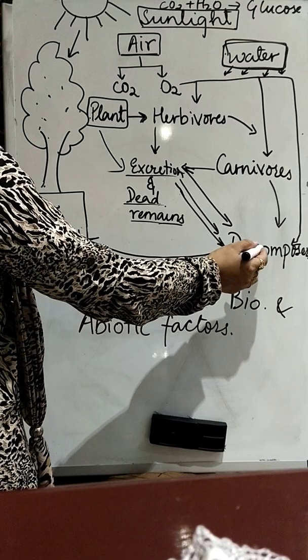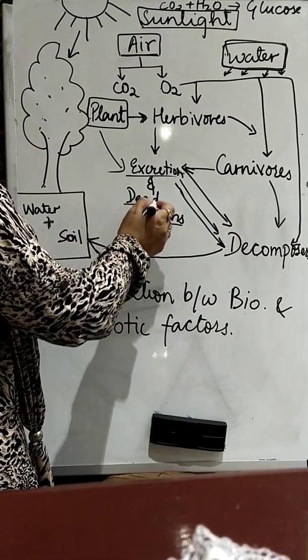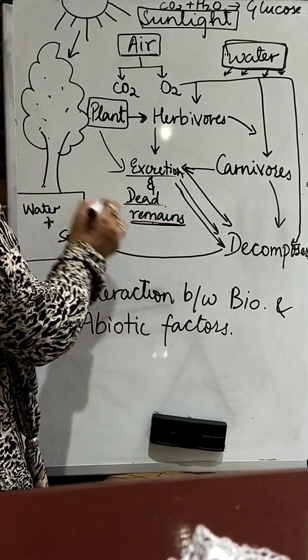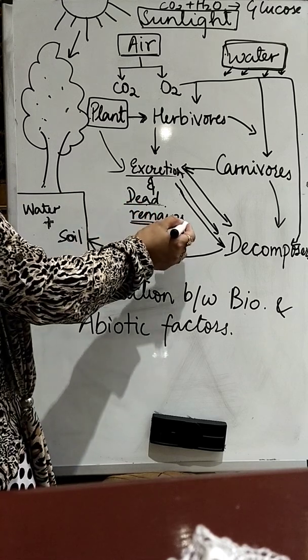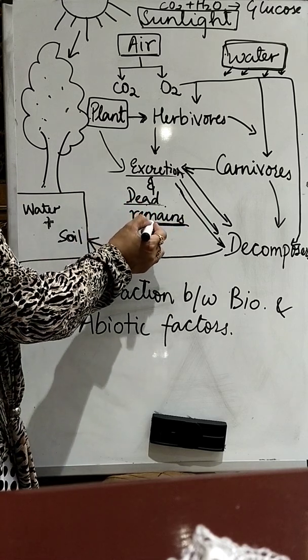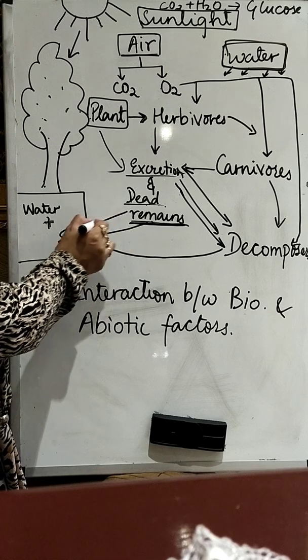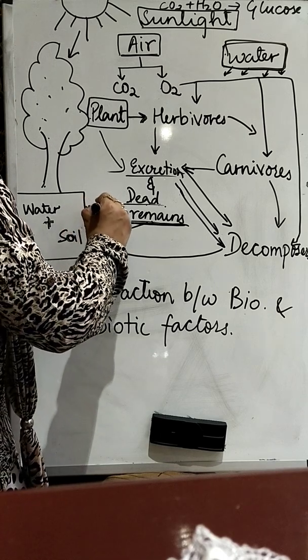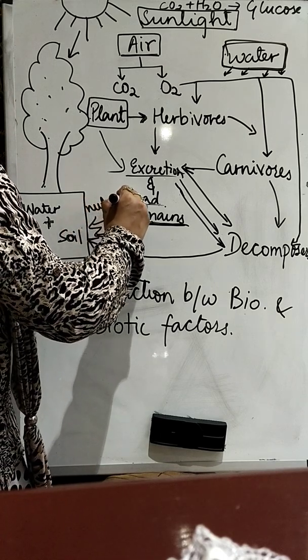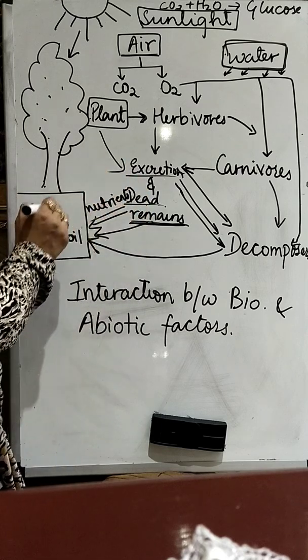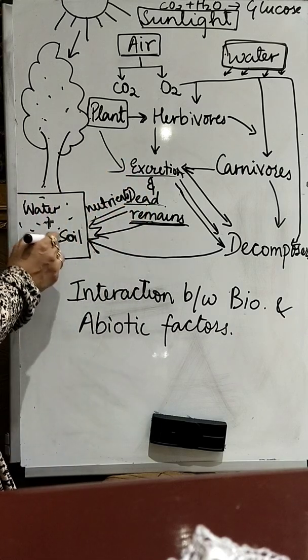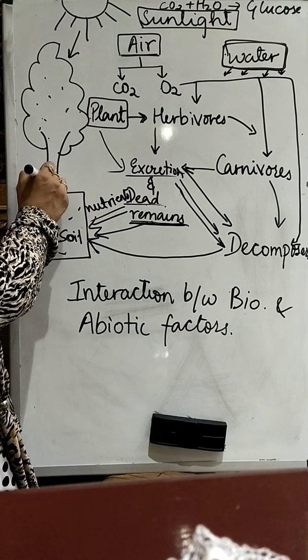So when the decomposers decompose the dead remains, the nutrients that are present there are broken down. The food is broken down, and the nutrients go back to the soil, and again the soil becomes fertile, and this fertile soil is helpful in the growth and development of plants.